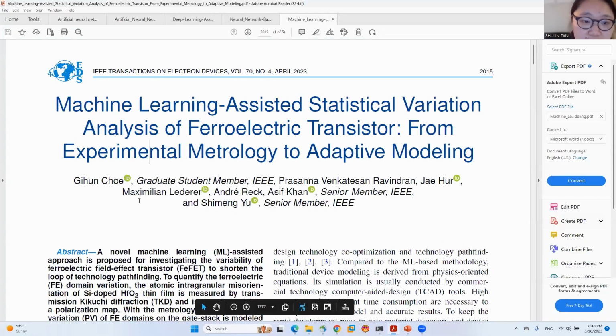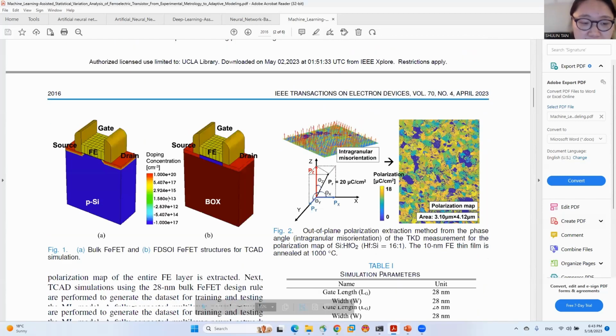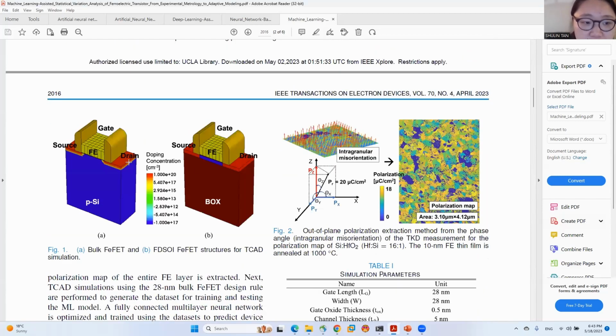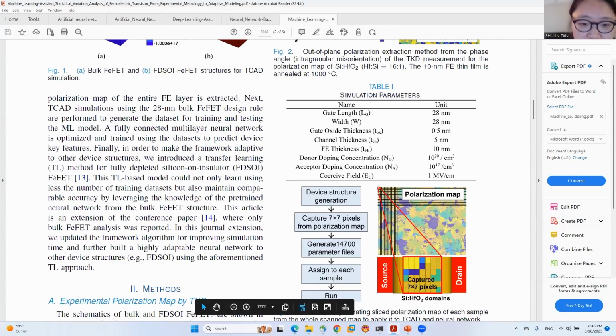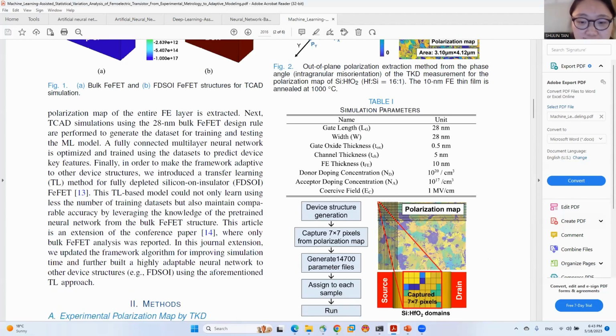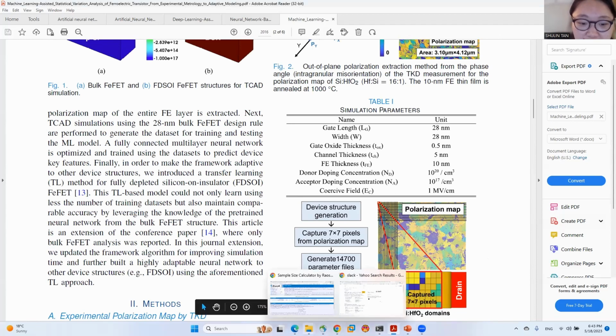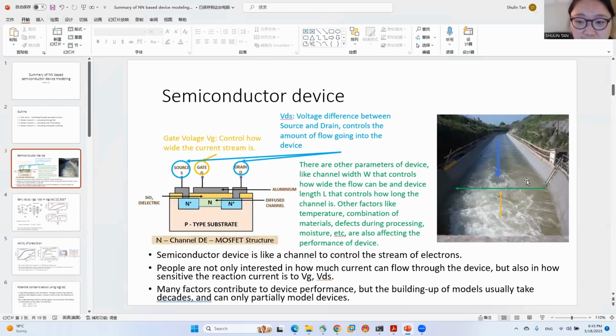This one studies ferroelectric transistors, and what they do is assume there are defects in your substrate. You have different distributions of grains in your channel, and then their distribution is going to affect your channel behavior, right?